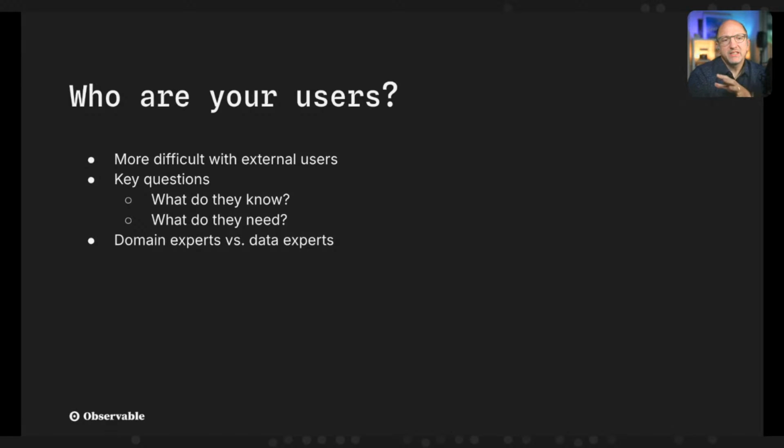And I'm trying to make a distinction here between the kinds of users that you might have that are domain experts of something that they're using, versus people who know the data well or not know the data well. So they might know the domain, but not the data. They might not know the numbers, or they might not know how the data is being collected and all the ins and outs of that. But they might be experts and very well versed in the domain, in what they are doing.